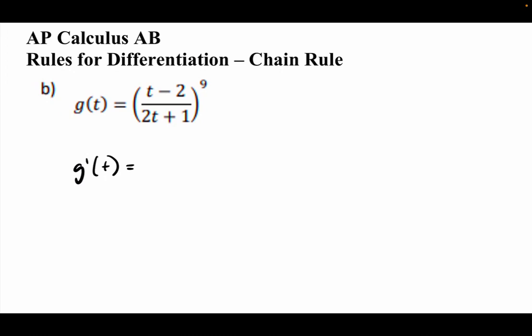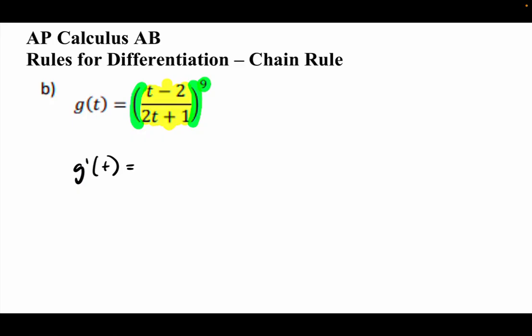Okay? The first thing I want you to notice is the outside layer. This is the outside layer. The fraction on the inside, the rational expression on the inside, that's the inside layer. So I'm going to find the derivative of the green first, and then I'll find the derivative of the yellow.